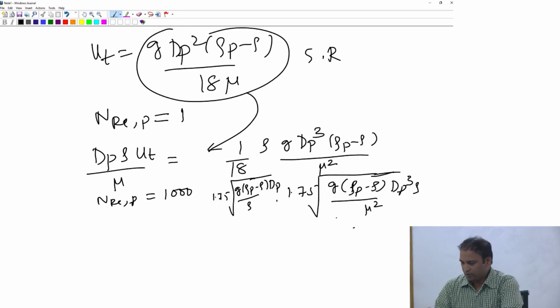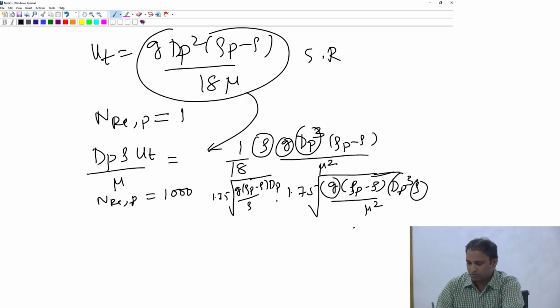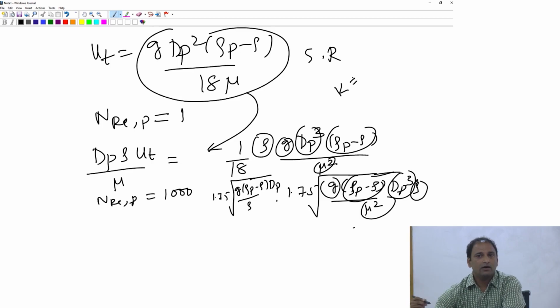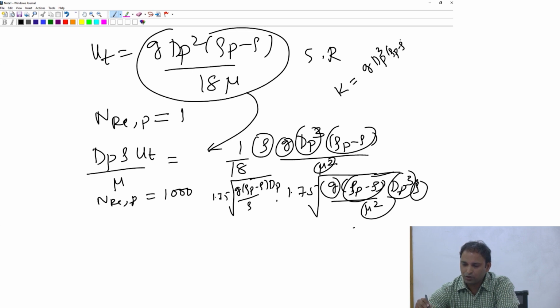So I have a rho here, g here, dp cube, rho p minus rho, mu square. Therefore, I can actually define a factor k as g dp cube into rho p minus rho into rho divided by mu square, to the power of 1/3.